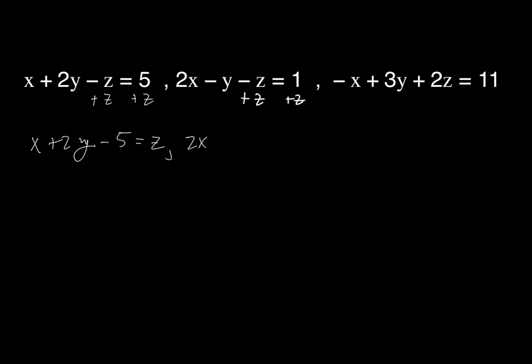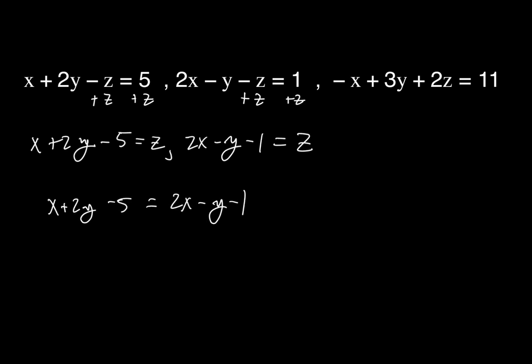So I'll have 2x minus y minus 1 equals z. And since those two are both equal to z, they equal one another. x plus 2y minus 5 is equal to 2x minus y minus 1.